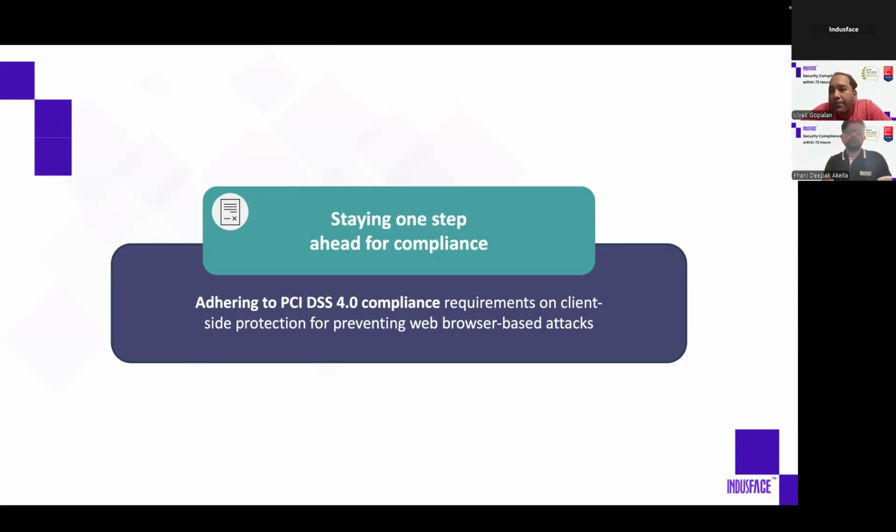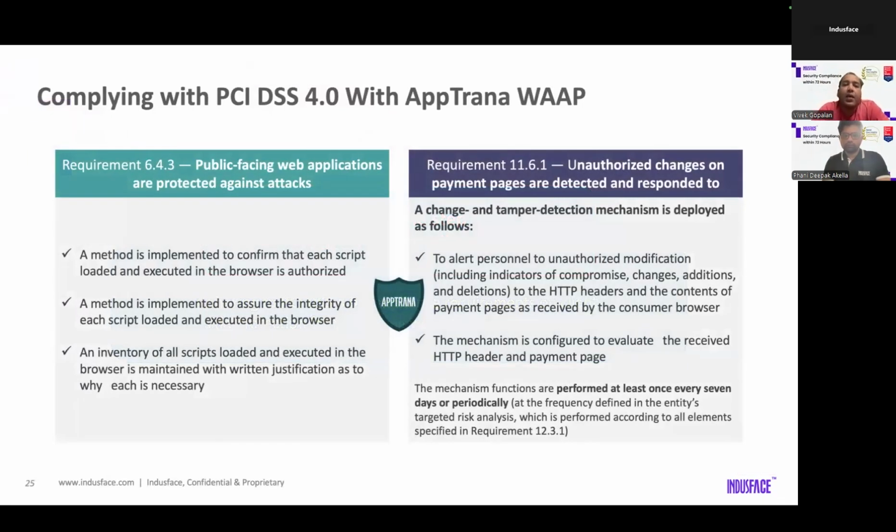And even if you are already PCI certified, when you get your certification renewed, you now need to get it renewed at PCI DSS 4.0. One of the requirements of 4.0 is that you have some form of browser-based protection. So 6.4.3 talks pretty much about this.